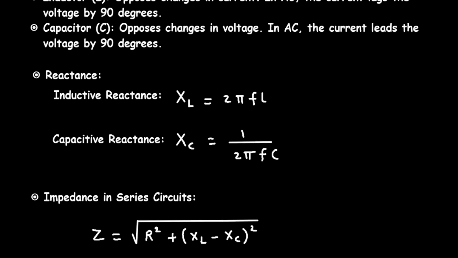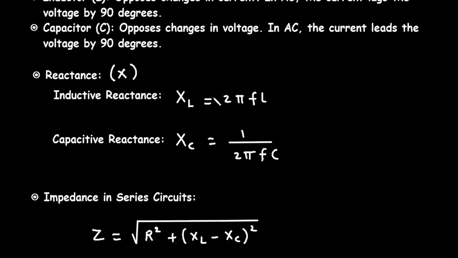Now what is reactance? Reactance is represented by X. There are two types of reactance: inductive reactance and capacitive reactance. Inductive reactance is represented by XL. XL is equal to 2 pi FL, that is 2 pi into F into L, where F is the frequency in Hertz and L is the inductance in Henry.